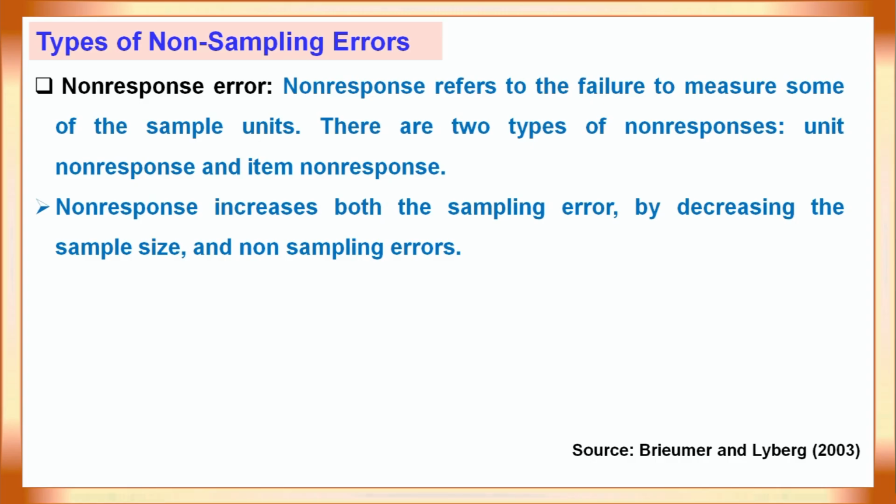Maybe you are using a knowledge test with 100 items, and one or two items are missed. Also, a respondent may actually disagree to take part in or complete the whole survey.